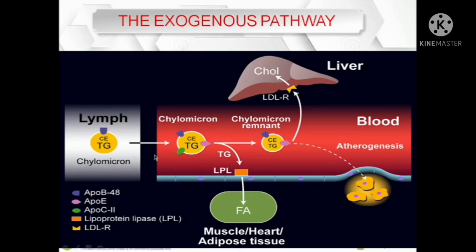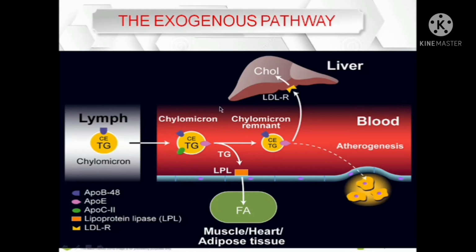So you see this chylomicron. Once this chylomicron comes into circulation, so this region is the blood, there are some apolipoproteins.